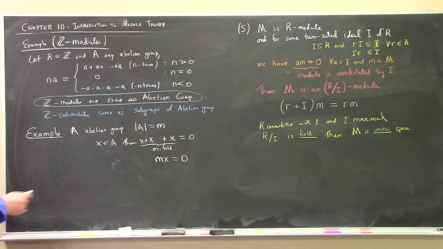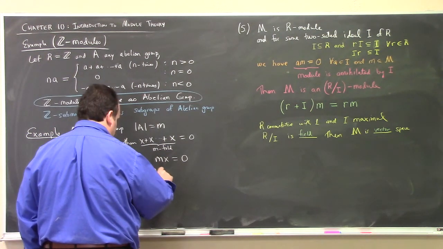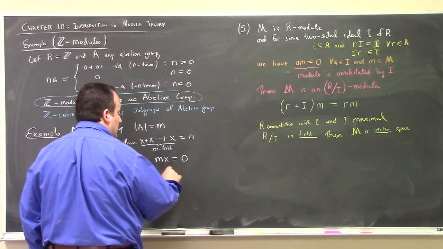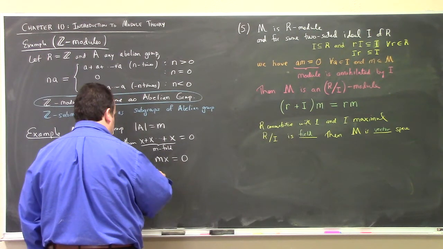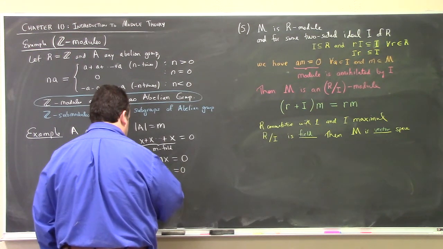And if mx is equal to 0, then mkx is also equal to 0, right?